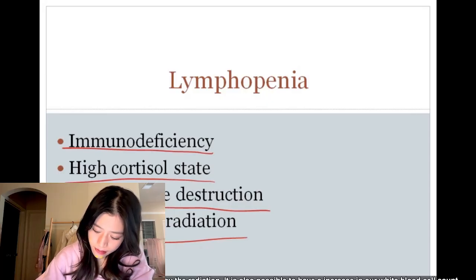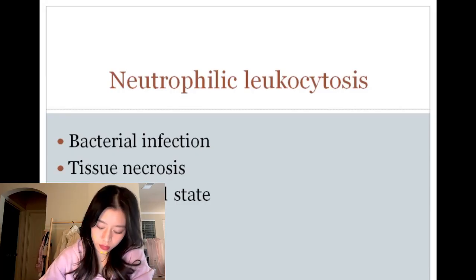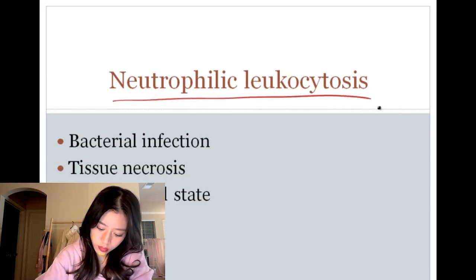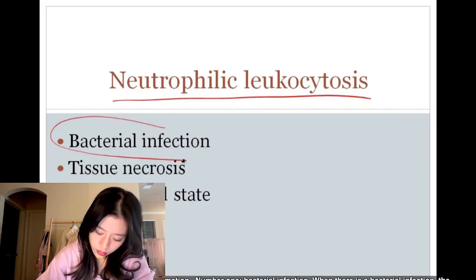It is also possible to have an increase in our white blood cell count, and one example by which our white blood cell count might increase is neutrophilic leukocytosis. In neutrophilic leukocytosis, there is a high number of circulating neutrophils. And this goes back to the central principle of inflammation, which is that there are two driving forces for acute inflammation. Number one, bacterial infection.